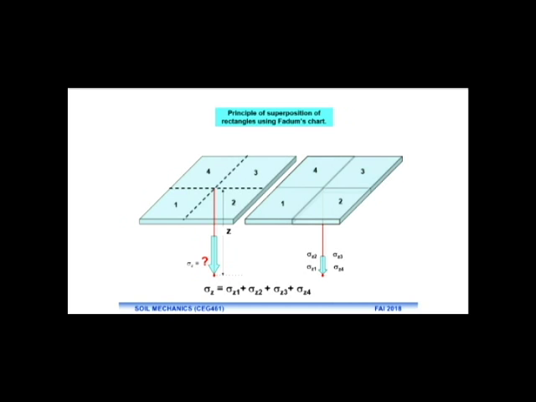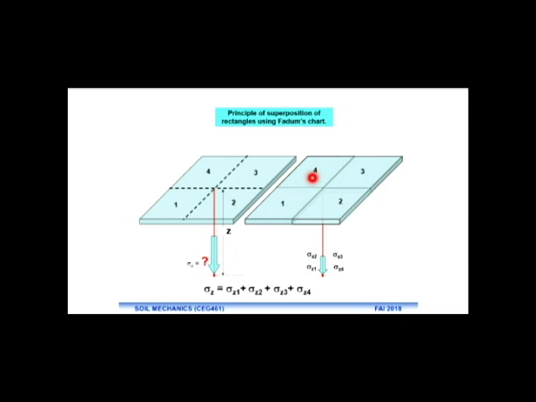In this example, if your point of interest is at the center of your foundation, you have to divide it into four smaller rectangular foundations, to make the point of interest at the corner. So now instead of one large rectangular foundation, you have four rectangular foundations.